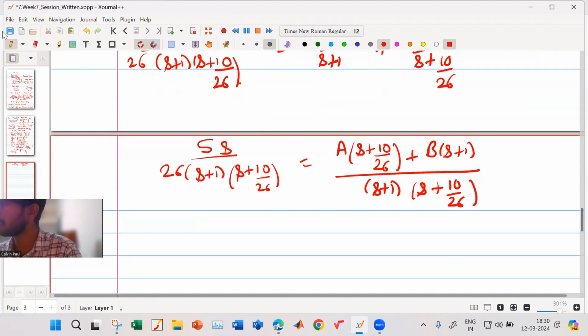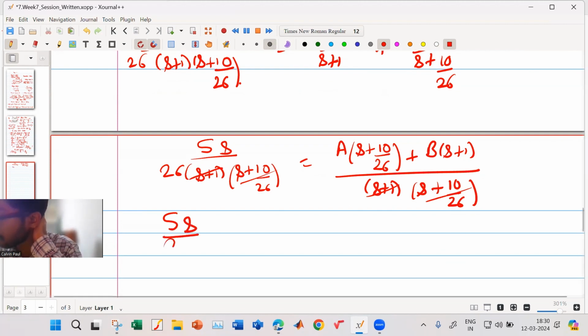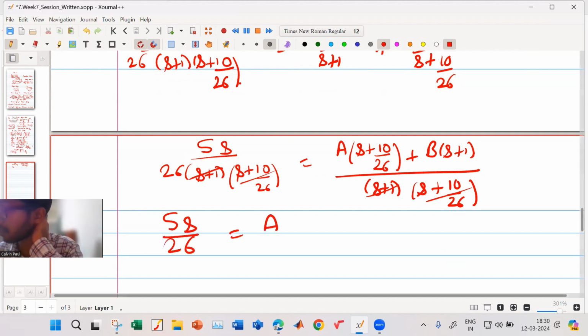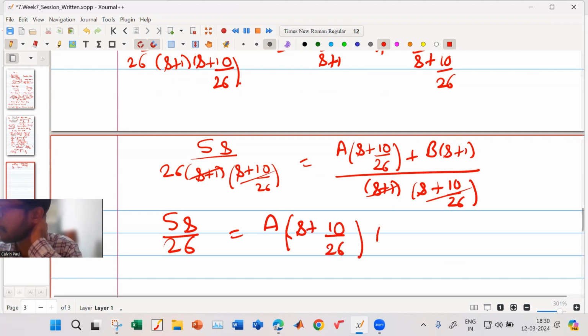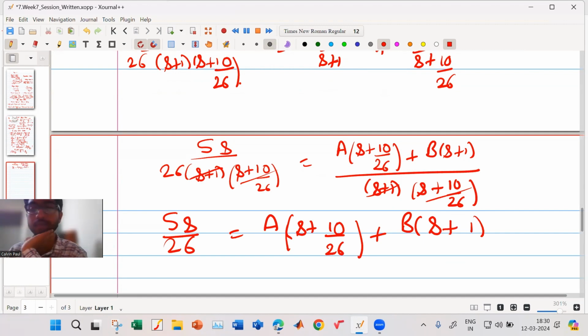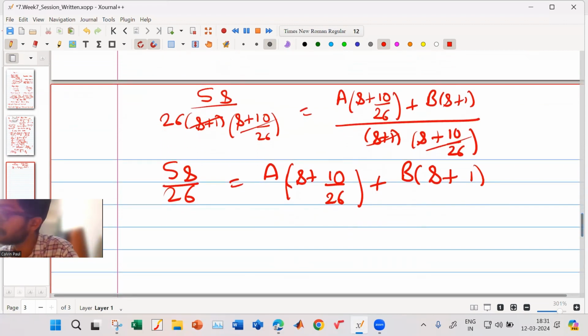So what we can cancel? And this also we can cancel. So we get 5S upon 26 is equal to A into S plus 10 upon 26 plus B into S plus 1. Okay, so now I want to find the values of A and B. So if I want to find the value of A, what will I put S?